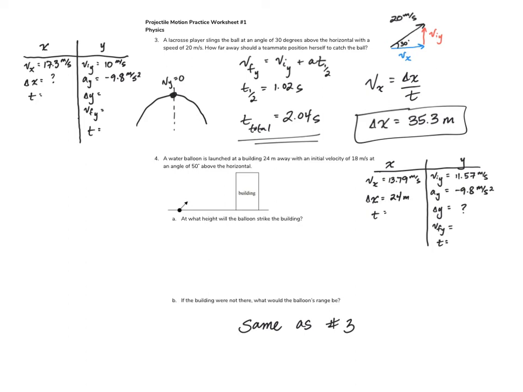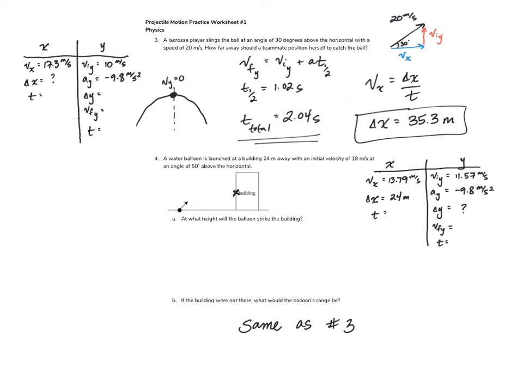All right, now 4A is a little unique. So again, this velocity that I gave you is directed at 50 degrees. Okay, so we have to split this velocity up into its x and its y components, same way we did in number 3. All right, now what we're trying to figure out in part A is where that balloon strikes the building.